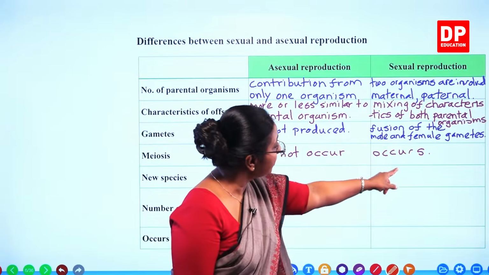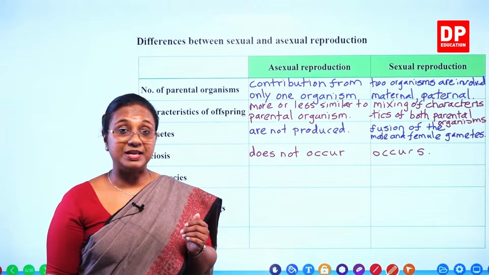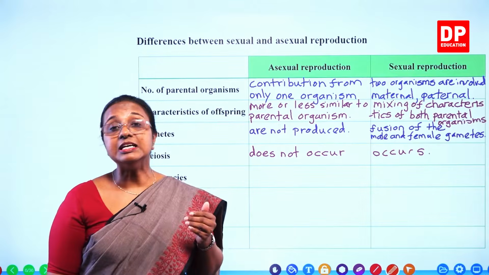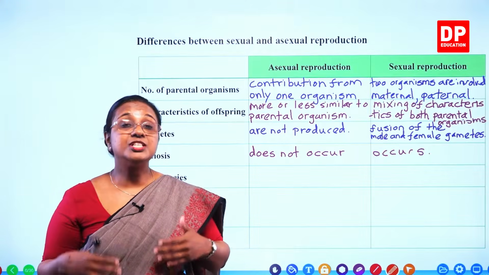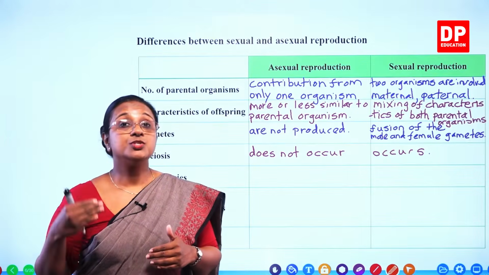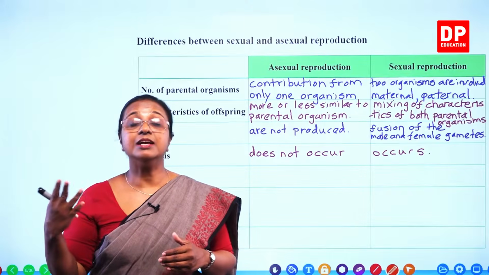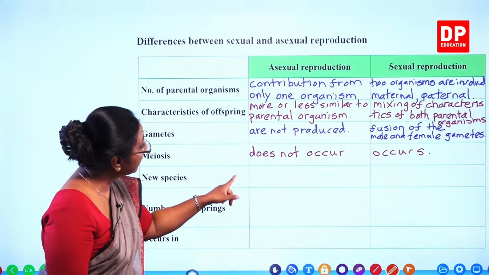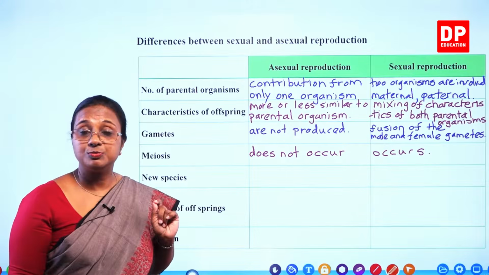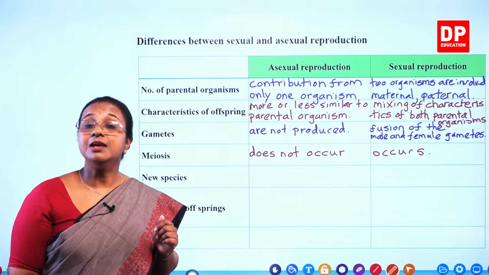But when meiosis takes place during the production of gametes, you all can remember the term variation or mutations in the chromosomes. Mutations are the changes. Due to that, new characteristics will form, and there is a chance of new species being developed. So in asexual reproduction there is no possibility of formation of new species, but in sexual reproduction, new species can be produced.